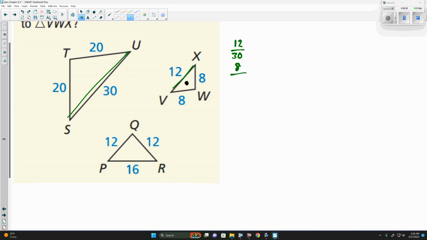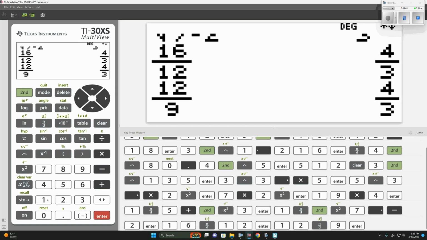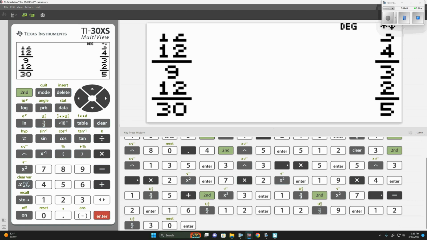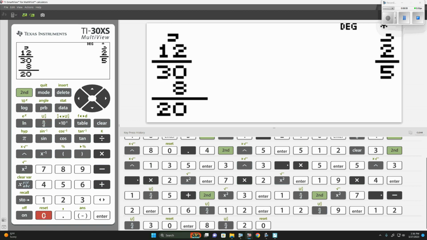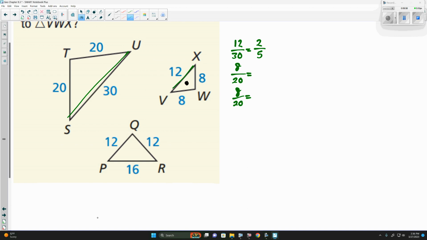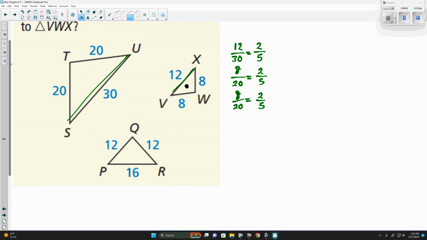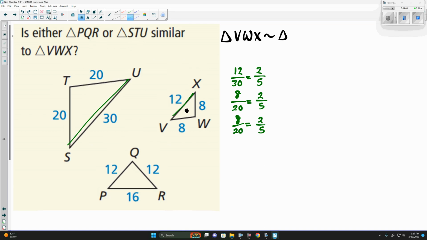Then we'd have 8 over 20 and 8 over 20. So 12 over 30 is 2/5. 8 over 20 is, so it would be by side, side, side.